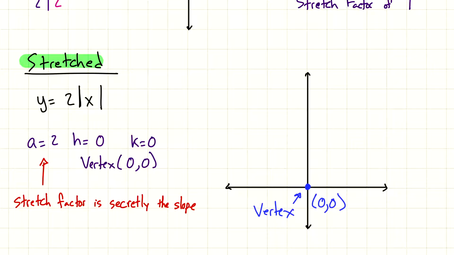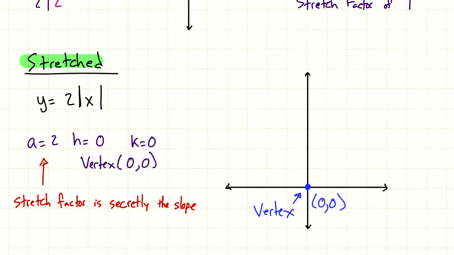So the little trick that might help you is that the stretch factor is secretly the slope. There's not an official name, we don't really call it the slope, but it just so happens to be the slope of our graph. Now you notice this was V-shaped, so we're drawing straight lines.